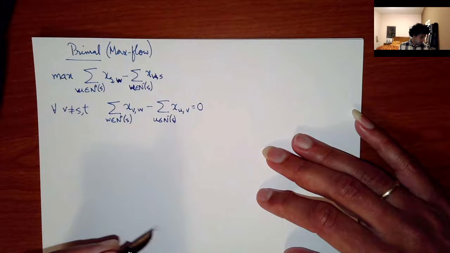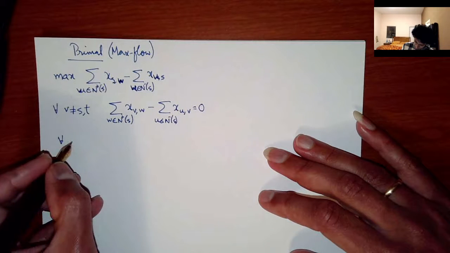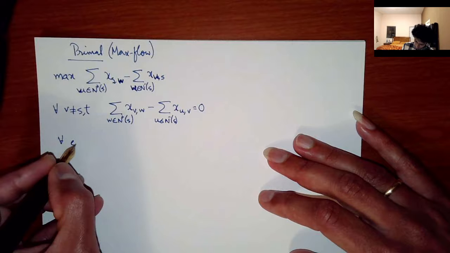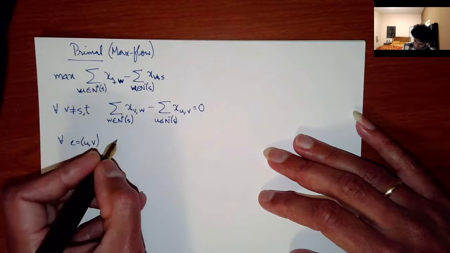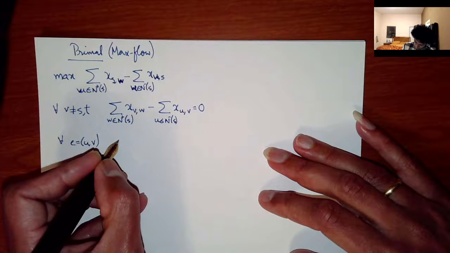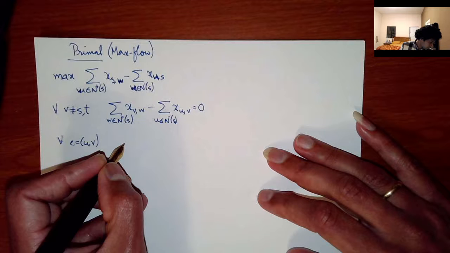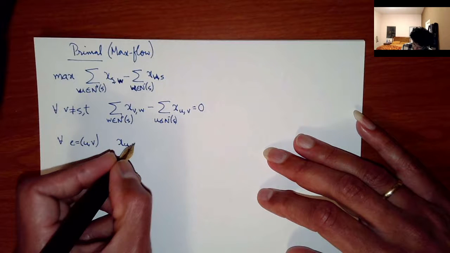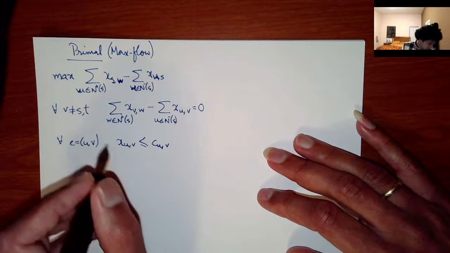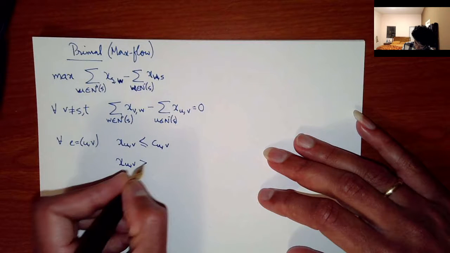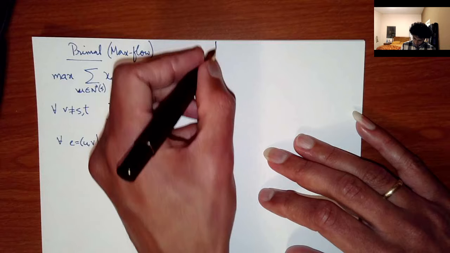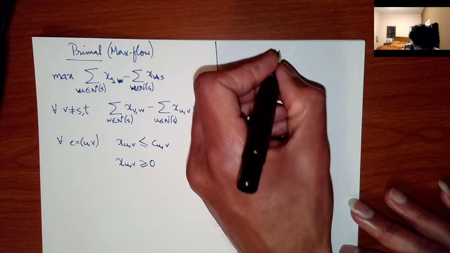Then you have capacity constraints that for all edges UV, x_UV is at most c_UV, and then of course x_UV is greater than 0. So this is the primal problem.